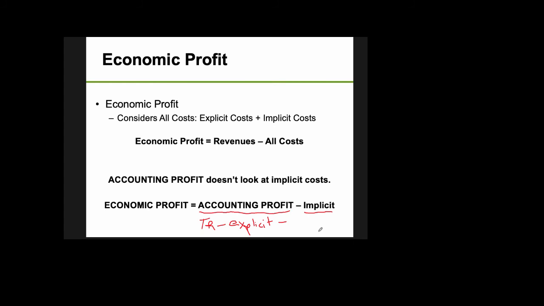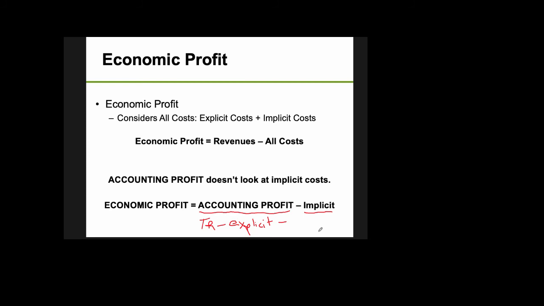You can think about it this way. Even if a company makes a profit, like an accounting profit, say they make a profit of $1,000 a day, an economist wants to know if that $1,000 is enough to also cover the implicit costs, such as the value of the time that the entrepreneur is giving up.